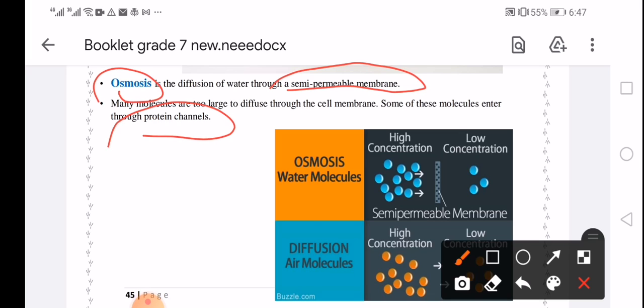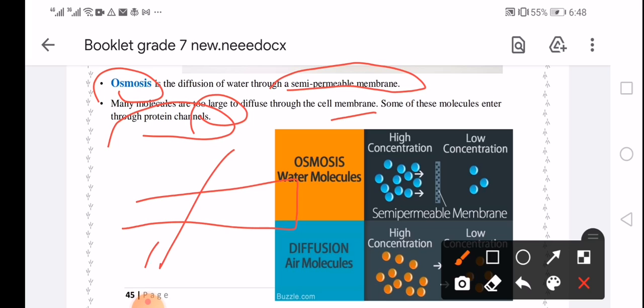Osmosis is another way to transport material into the cell. When water diffuses through the semi-permeable membrane to get into the cell, this is called osmosis. Many molecules are too large to diffuse through the cell membrane, so some molecules enter through protein channels.